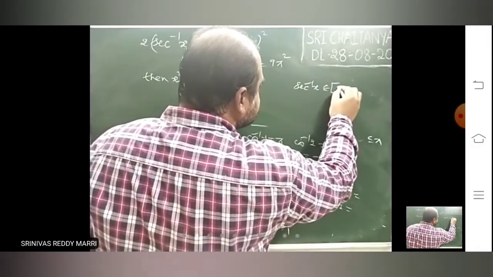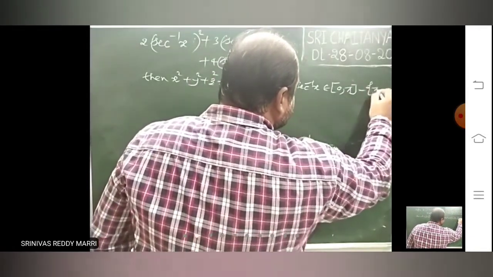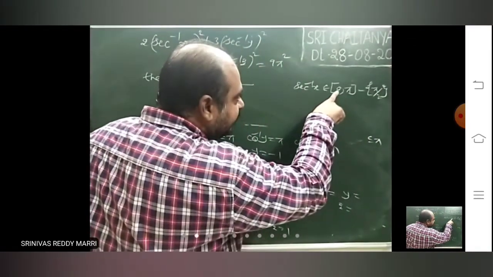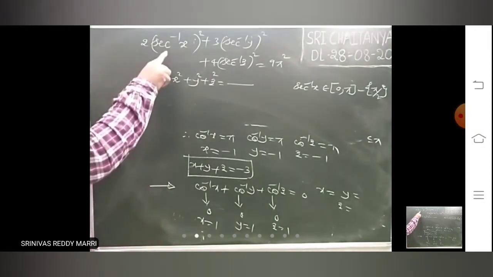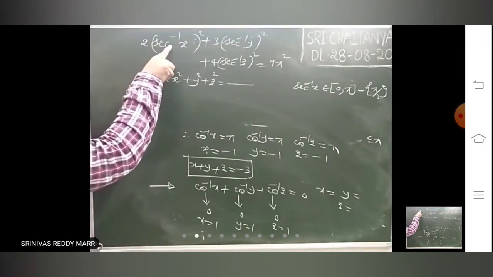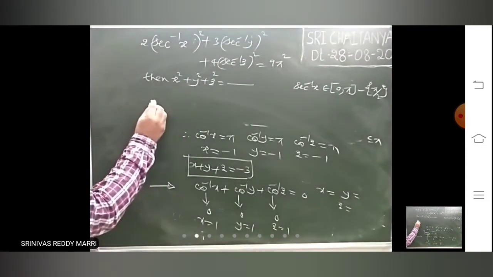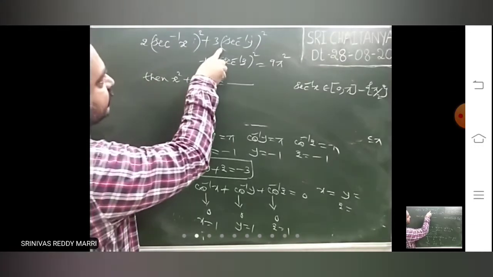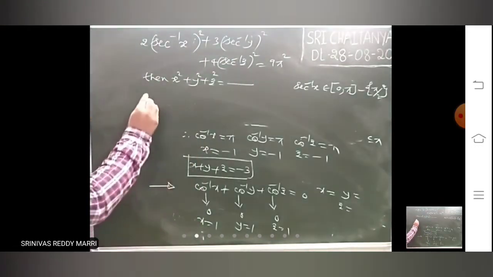Secant inverse x range is 0 to pi, except pi by 2. That means minimum value is what? 0. Maximum value is what? Pi. Now if you look here, if you substitute 0, 0, 0, you won't get 9 pi square. Substitute maximum pi here: 2 pi square plus 3 pi square plus 4 pi square, that means 9 pi square.